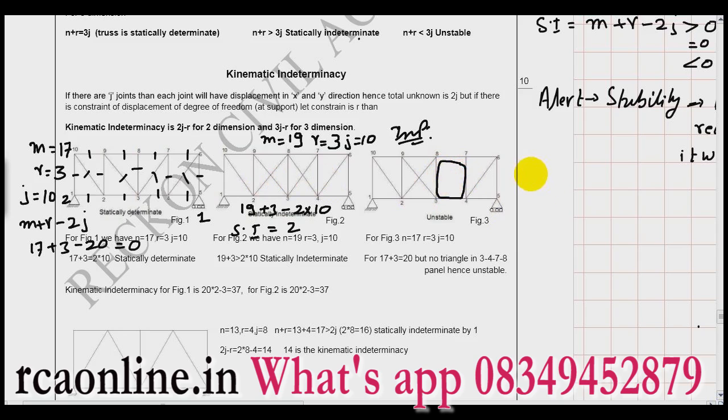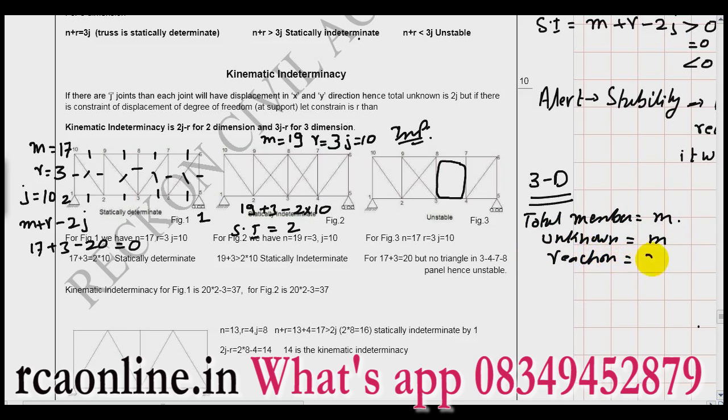Now come to 3 dimensions. The thing is very simple here. Again, the total number of members is M, so the unknowns are M. Now reactions are R, and the equations available at each joint are 3.